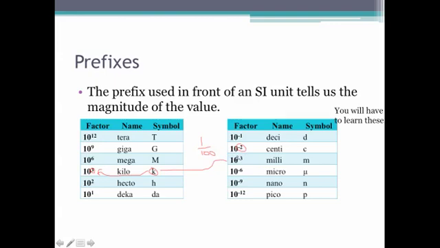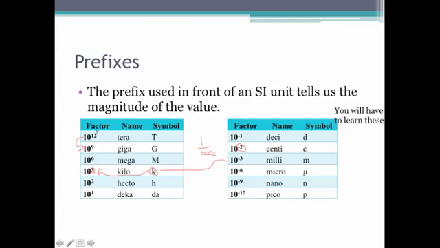So how does it all fit together then? Well, for example, in terms of everyday terminology, when we're talking about hard drive space on a computer, our hard drive might be specified as 500 gigabytes. Well, that's actually half a terabyte. Why is that? In 1 terabyte, you've actually got 1,000 gigabytes.